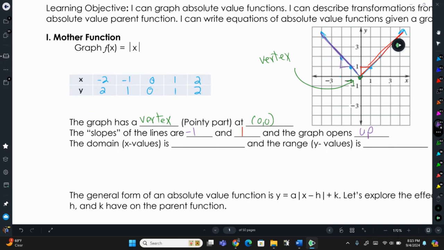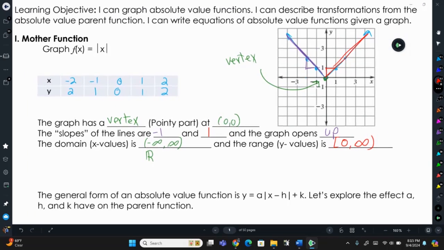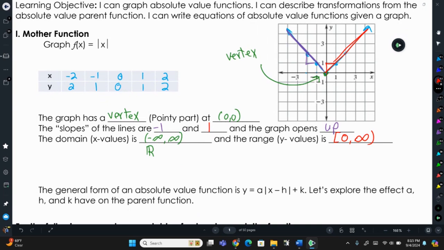Domain and range. The domain is the x values. We can substitute in any x value we want. So our domain is negative infinity, comma infinity, or all real numbers, which is this symbol. You could use either one. But the y values for this particular graph, the smallest y value we have is 0. And we use the bracket because 0 is included.